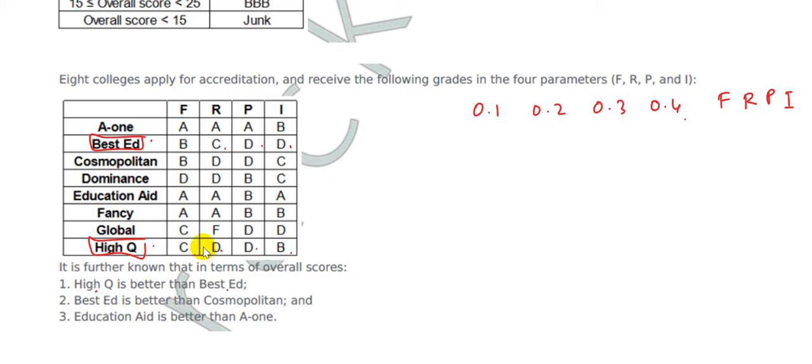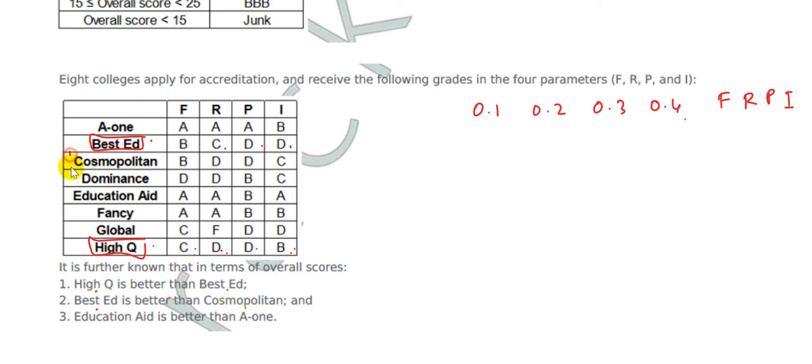That means C multiplied by the weightage plus D multiplied by the weightage plus B multiplied by the weightage has to be greater than the scores here multiplied by their weightages. So I cannot directly get anything from here. So the next thing is Best Ed is better than Cosmopolitan.